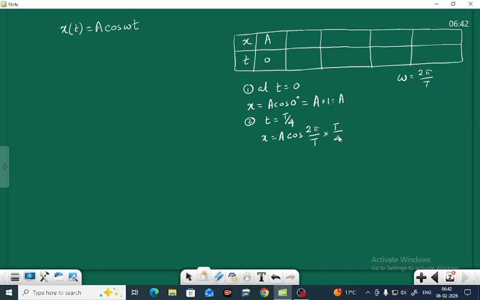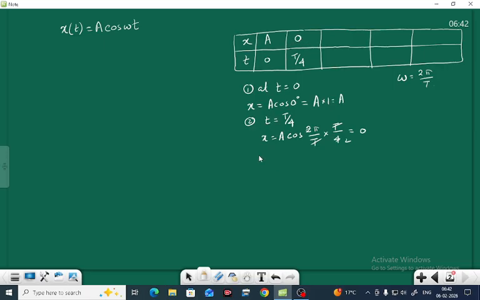So these T will cancel, and 2 by 4 gives cos 90. The value of cos 90 is 0. So when the time is T by 4, the value is 0, right?